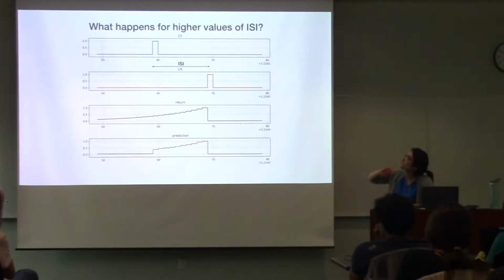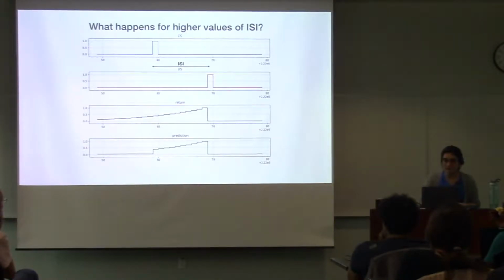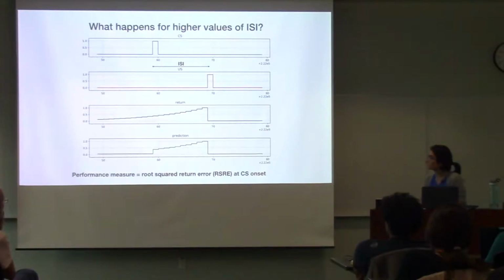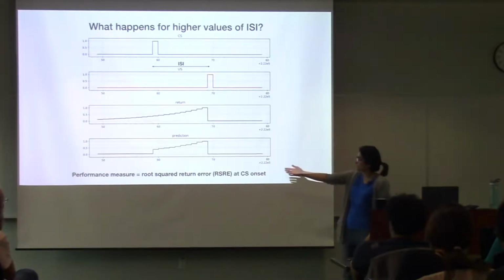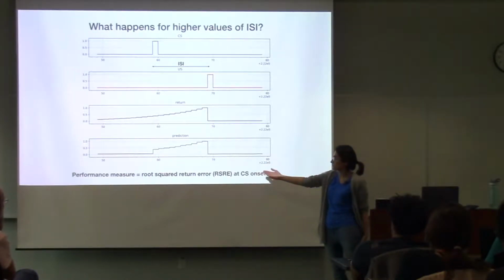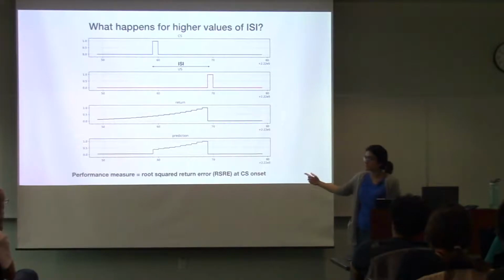So we want our algorithm to be robust to this ISI. If ISI is longer, we want our algorithm to still work. So what I want to do is change the ISI and see how the performance changes. For the performance measure, I use root squared return error at CS onset.